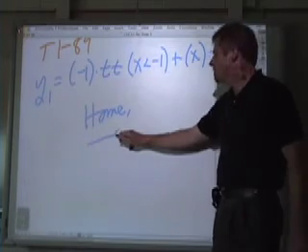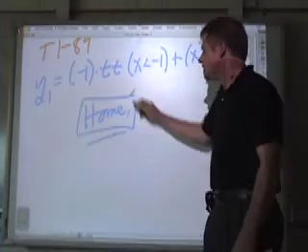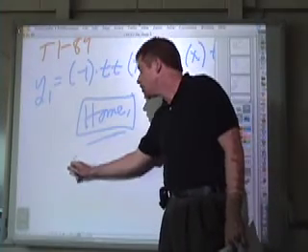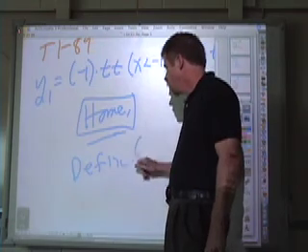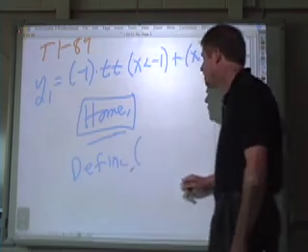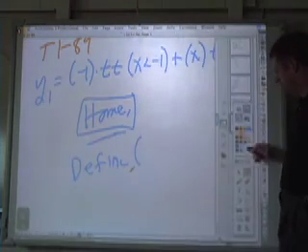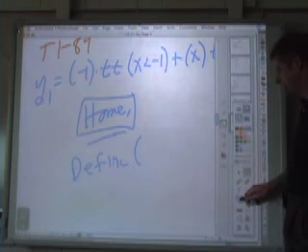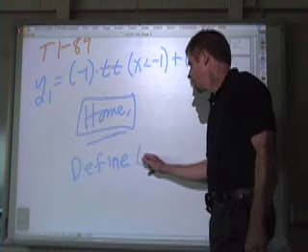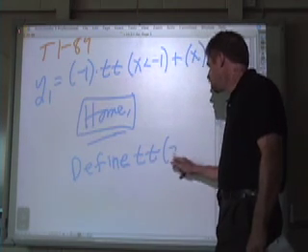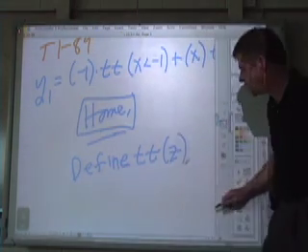But what we need to do is on your home screen, you need to go to Catalog and press D and pick up the define command. We're going to define a tt function. And actually define does not give you parentheses. It's going to be define, and then type in tt of z.